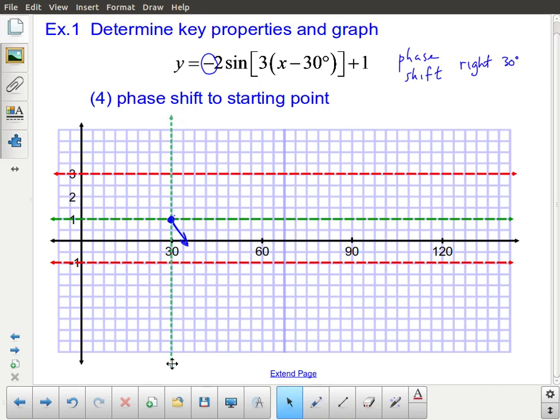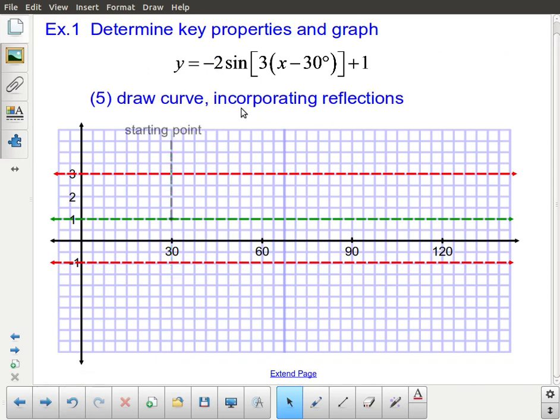Normally, the starting line, if you want to think of it like a race, the starting line, where all the runners line up, is normally along the y-axis, but now the starting line for this graph, think of it, it gets a head start in the race, so it gets to move 30 degrees forward in the race. And now we draw the curve itself, incorporating reflections.